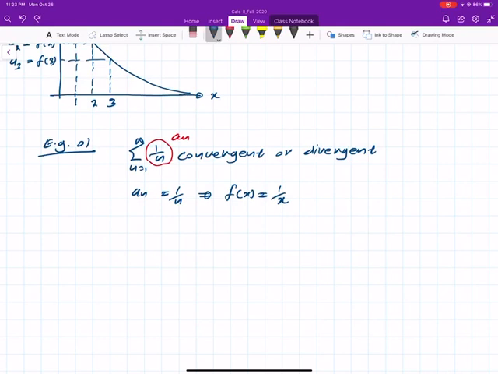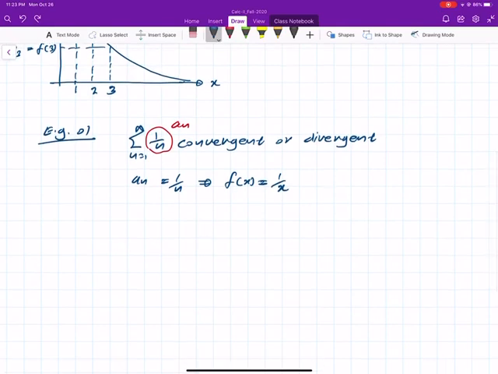Okay, so now you got the corresponding function, and this function is defined in the interval 1 to infinity. And then you have to consider whether f of x is decreasing, continuous, and positive.